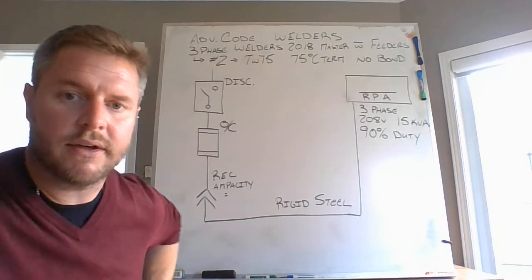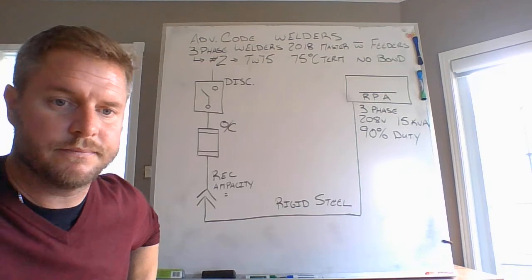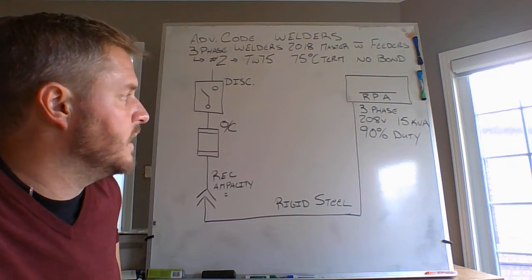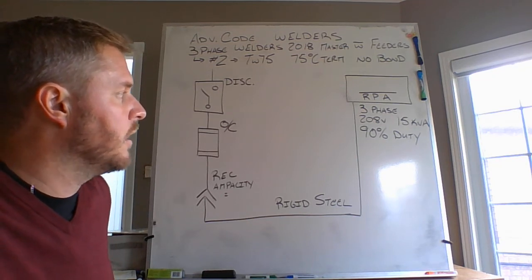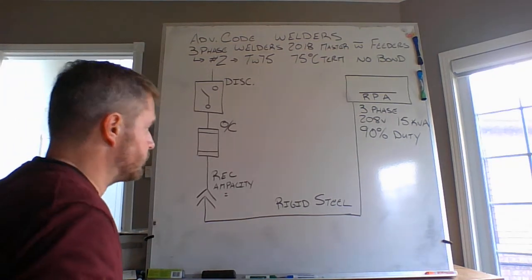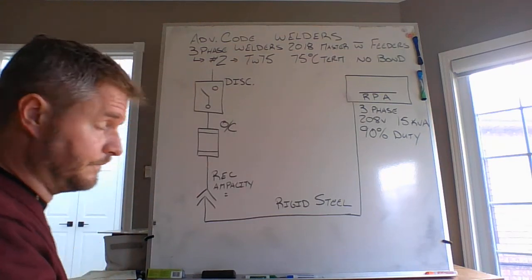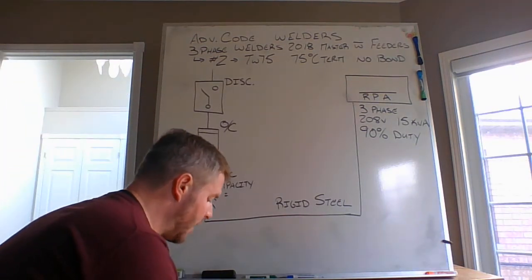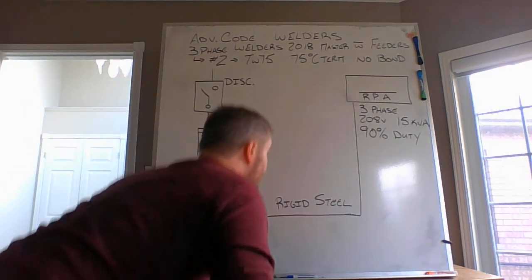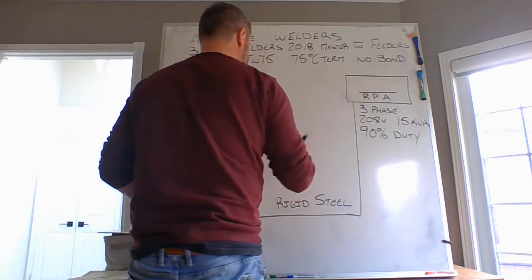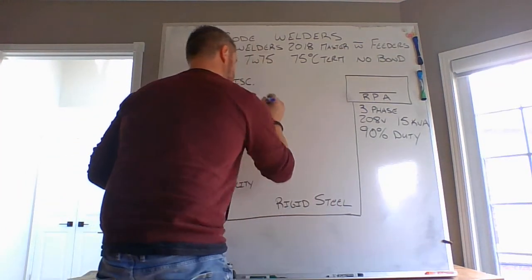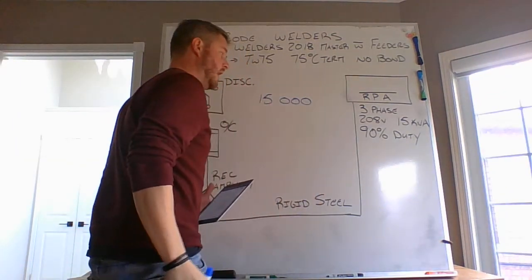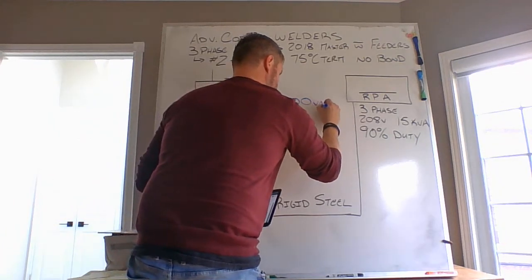Let's get going through this calculation for a three-phase welder. All right, three-phase, 208, 15 kVA, 90% duty rating on that welder. Means we're going to come up with a different multiplier. All right, so first thing we have to do is calculate our rated primary current. Rated primary current is an Ohm's law calculation. You are looking at 15 kVA, or at this point in time now VA.